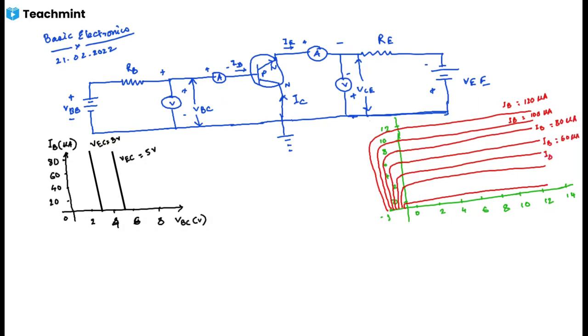IB equals 40 microampere. IB equals 20 microampere, and IB equals 0. Okay. Clear?